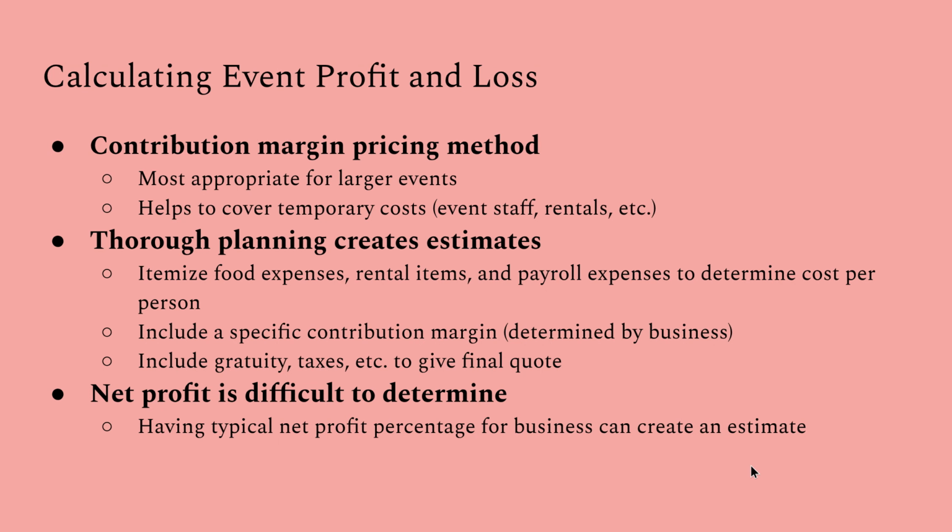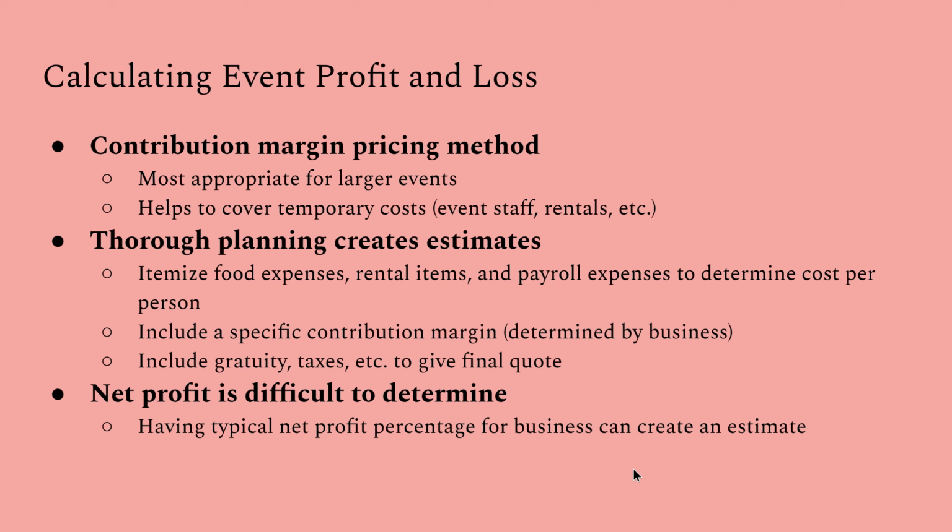Then we can also do a contribution margin pricing method when calculating event profit and loss. This is most appropriate for larger events because it's going to help cover those temporary costs like event staff, rentals, and other things needed. A thorough planning here is the best way to create an estimate. So you'll want to itemize all of the food expenses, rental items, and payroll expenses to determine a cost per person.